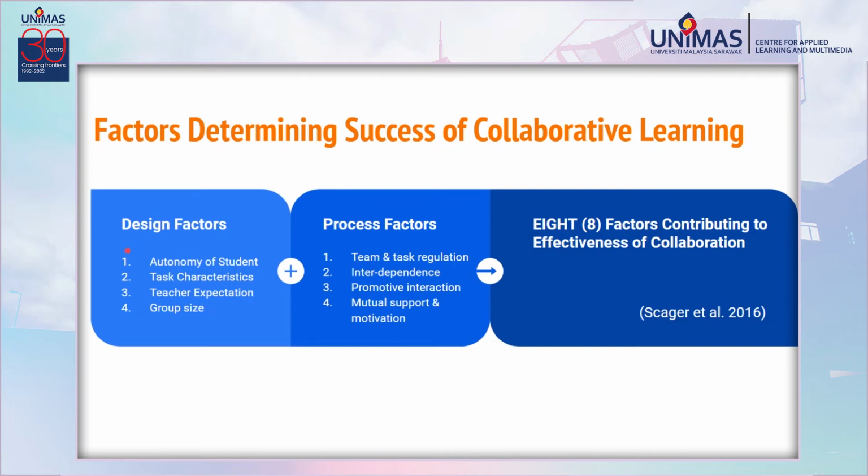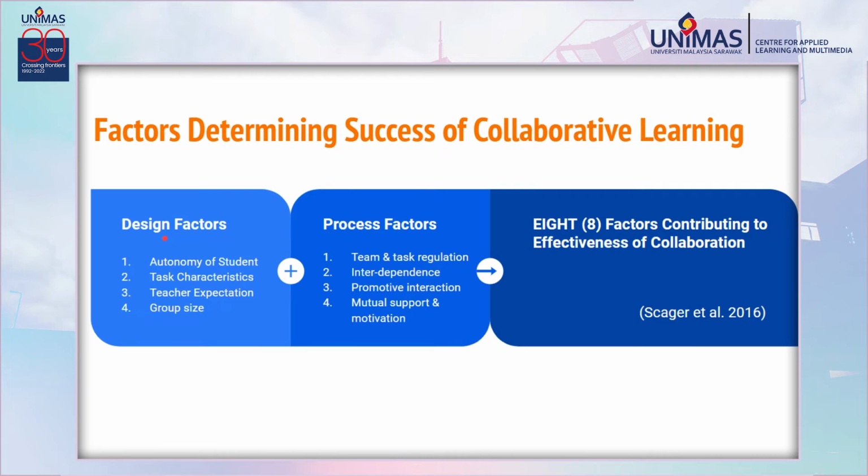And these are the factors highlighted in the reference, Scheuer 2016, okay? So they highlighted 8 factors that will determine whether your group activity is going to be a success or not, okay? So mainly you have the design factors and you have the process factors, okay?